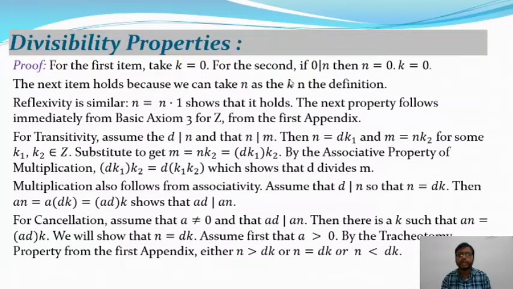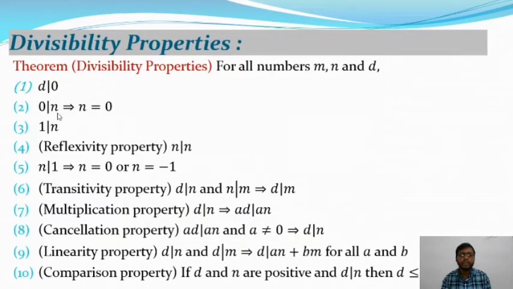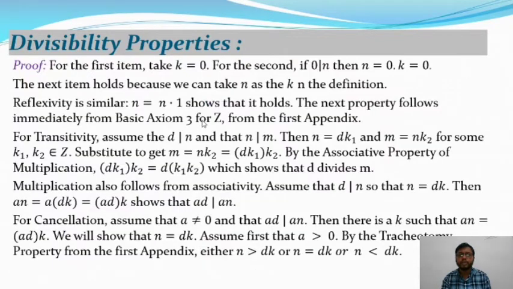For the second property, 0 divides n implies n is equal to 0. If 0 divides n, then n can be written as n is equal to 0 into k, so n is equal to 0. This is the proof of the second property.